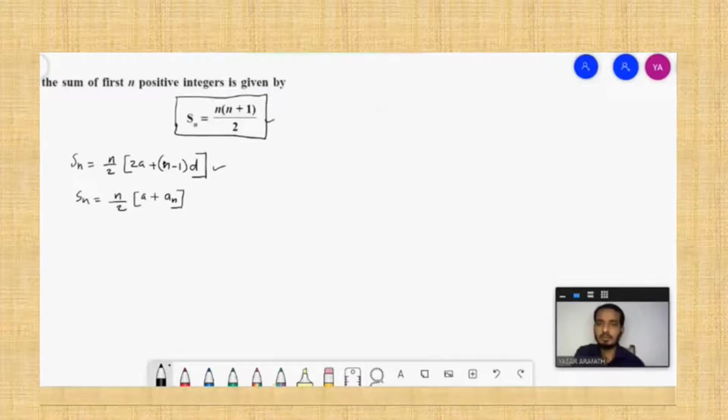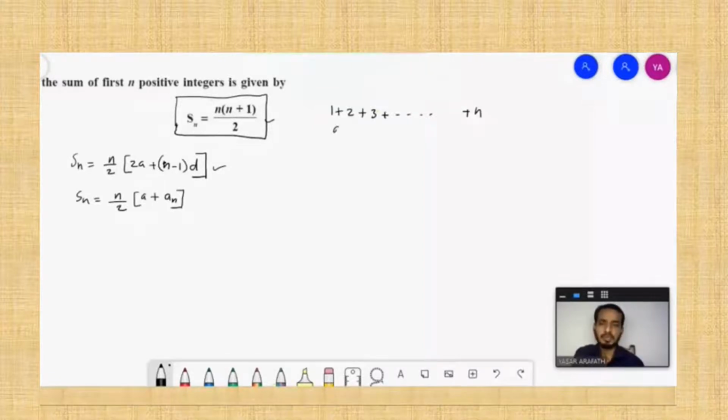Okay? So the sum of first n positive integers means 1 plus 2 plus 3 plus etcetera up to n. First n means n is the last term we take. We want to add this, and we know this is an arithmetic progression. Natural numbers make an arithmetic progression.